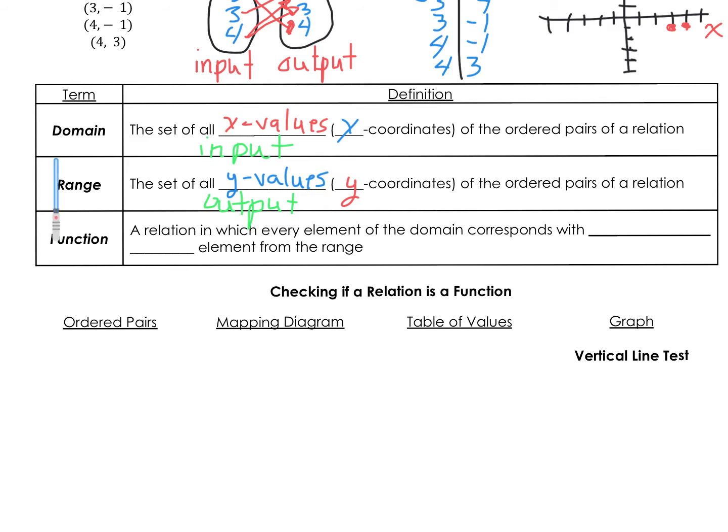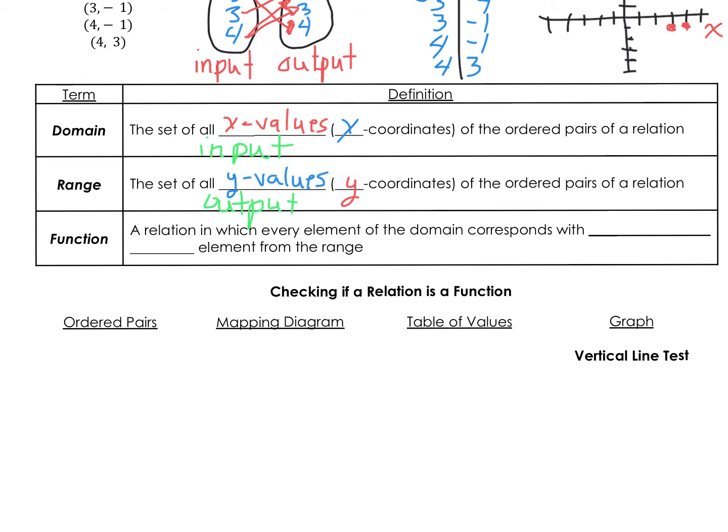So that means that if domain is alphabetical, it matches up with x, the alphabetical order of x and y. And then range and y are going to match up. So think alphabetizing. X goes with y, and then domain to range. So x, y, domain, range, meaning the domain is your x values, and the range are your y values.